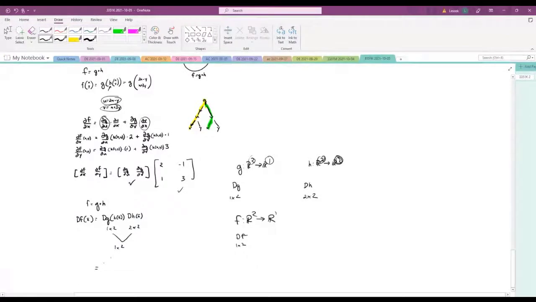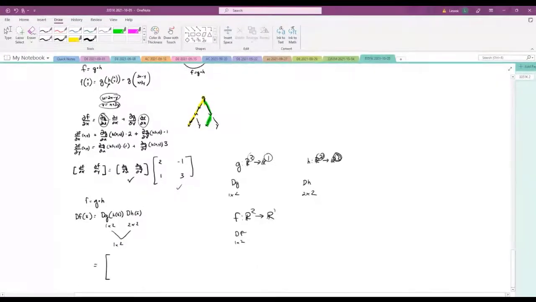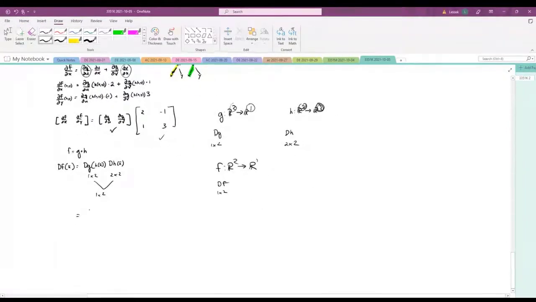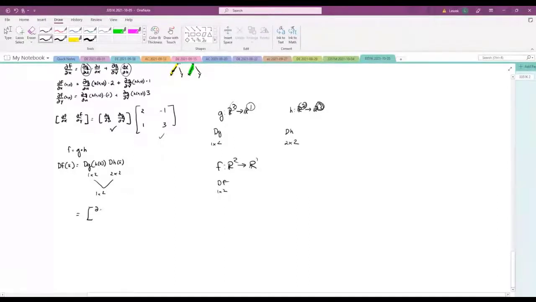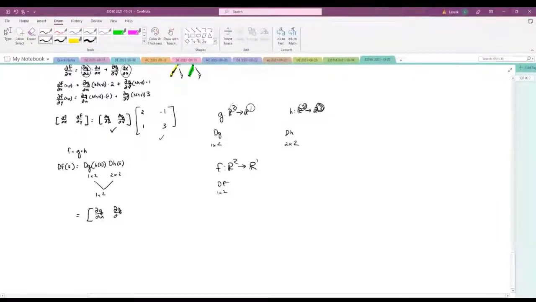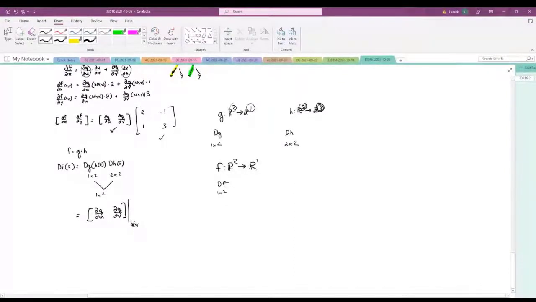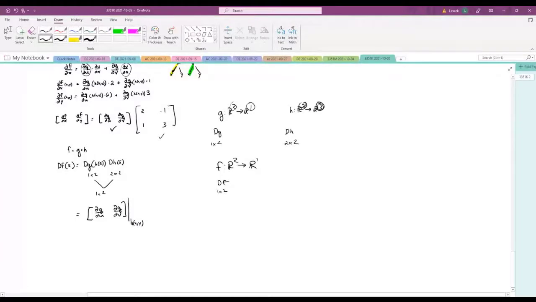And so this would be the derivative of g. You just take g and differentiate it with respect to its coordinates, the derivative of g with respect to u and v. But remember we're going to evaluate this at h of x, y, and then times the derivative of h. So let's look at h again.